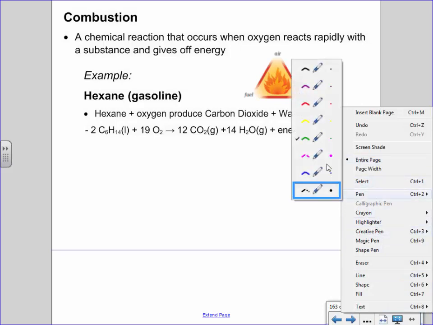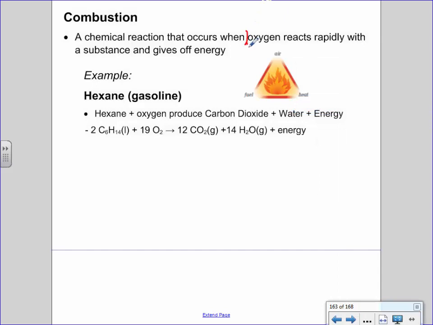In order for it to be combustion, it must involve oxygen reacting. It basically explodes, it blows up, it gives off a huge amount of energy. For example, when I put that piece of sodium inside the water beaker, and it went boom, that was combustion. The reason why is that it rapidly ignited with oxygen.